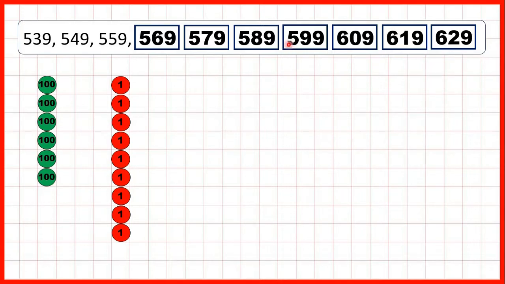So that's why 10 more than 599 is 609, because now we have 6 hundreds and no tens, and of course we still have our 9 ones. Then we keep on adding tens counters until we get to 629.